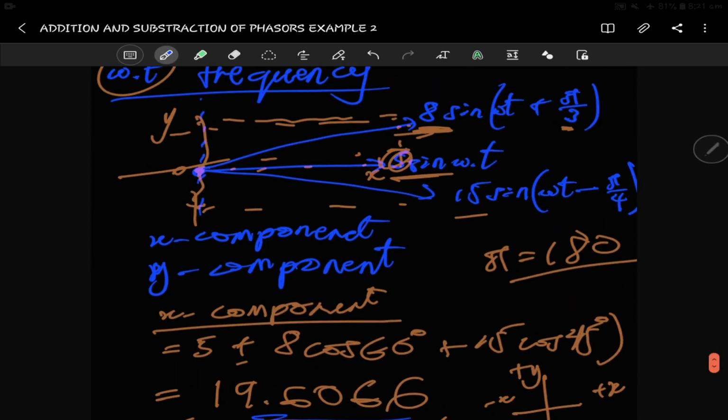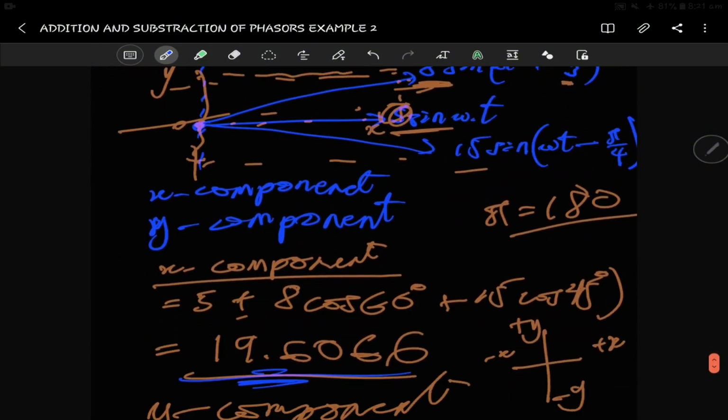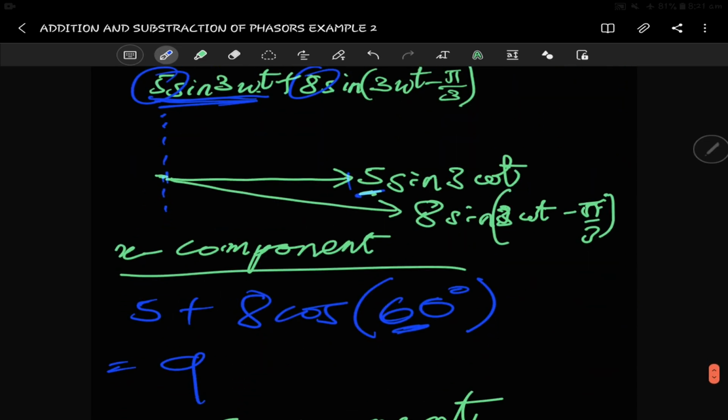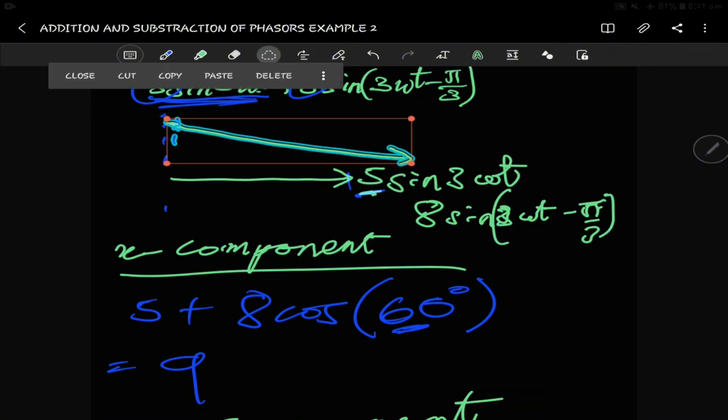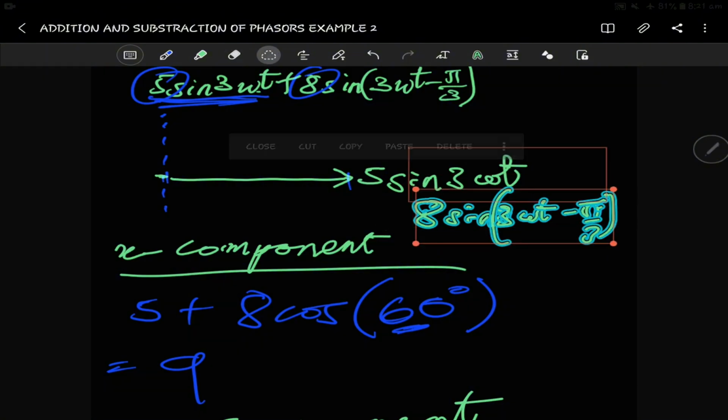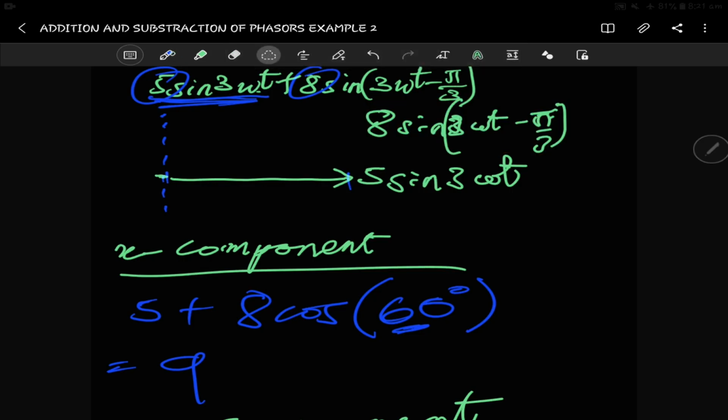So it leads. That's the ωt frequency aspect, and all these are now affected. This is the side that's affected, and this one moves here, and this is positive.